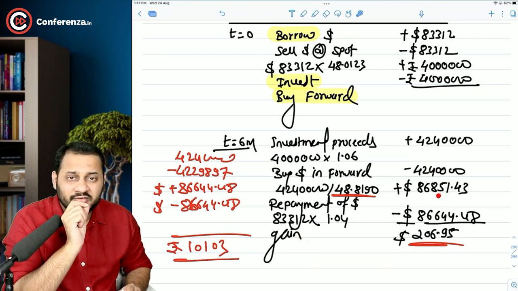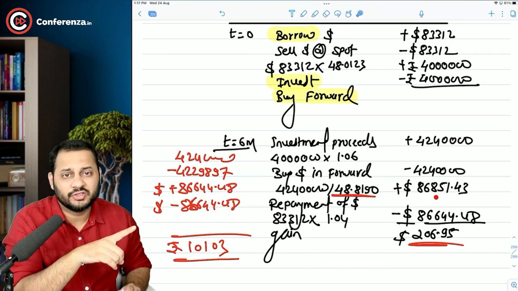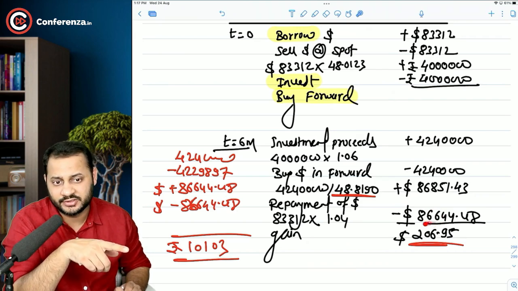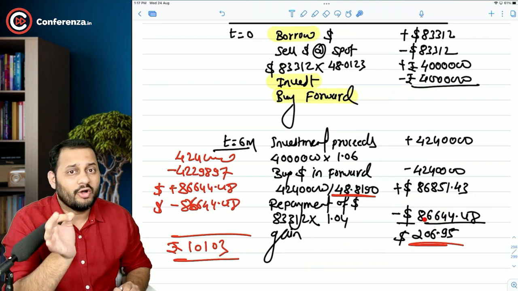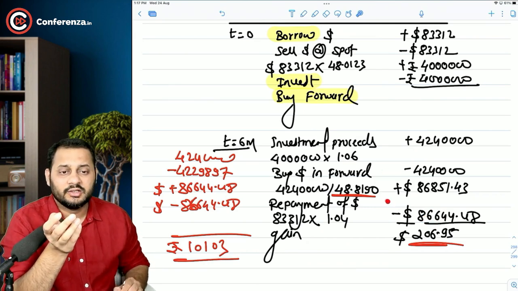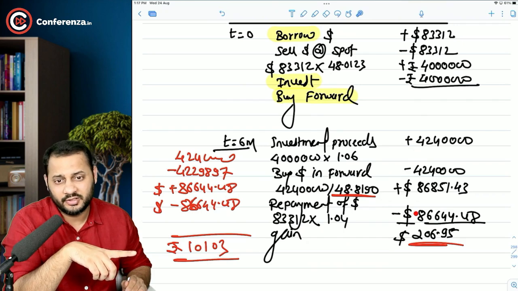Sorry, 86,644.48. Because it was confirmed today itself, because I borrowed, that I will have to buy the dollars after 6 months to make the repayment of the dollar.